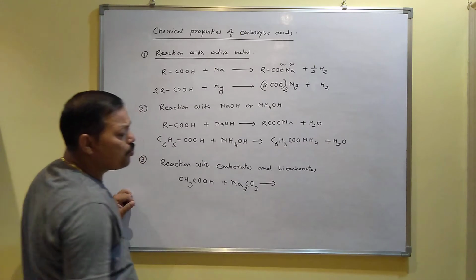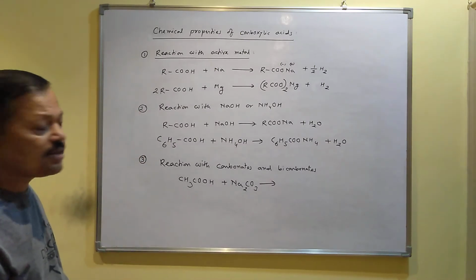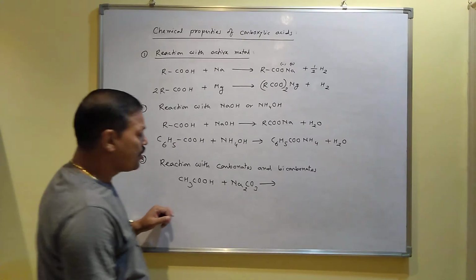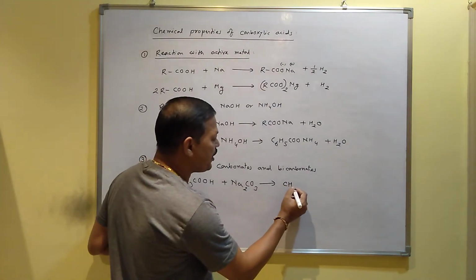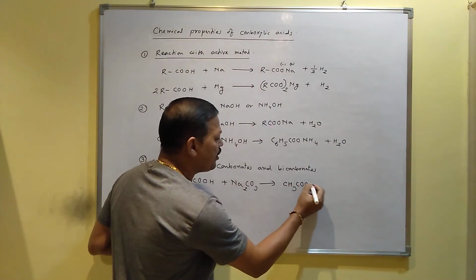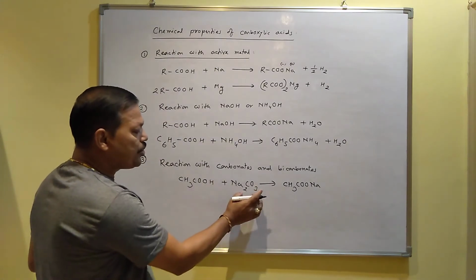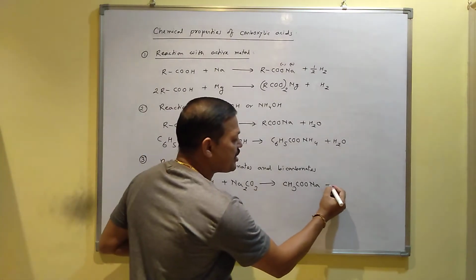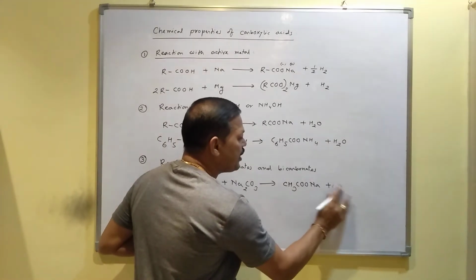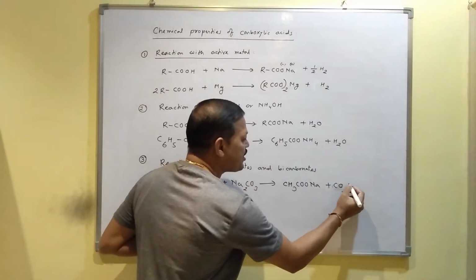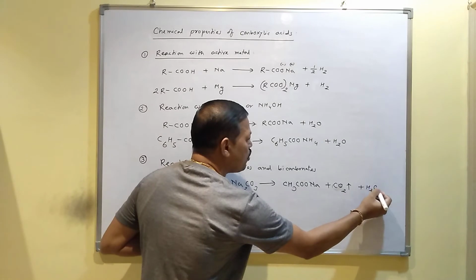the acid can decompose the sodium carbonate and it releases carbon dioxide gas. First you will get a salt like this, CH3COONa, the sodium salt of carboxylic acid, and it undergoes decomposition of sodium carbonate and releases carbon dioxide gas. You will get the effervescence of carbon dioxide gas and it releases water.